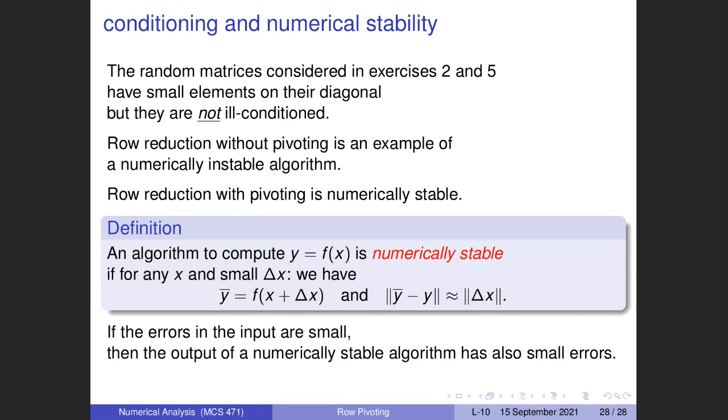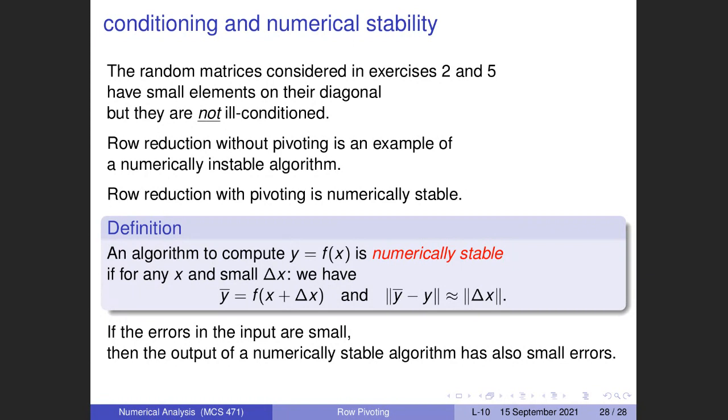Here the algorithm is defined as the evaluation of a function. We have seen two functions. The f is the lufac from lecture 8, or the lufac of this lecture.